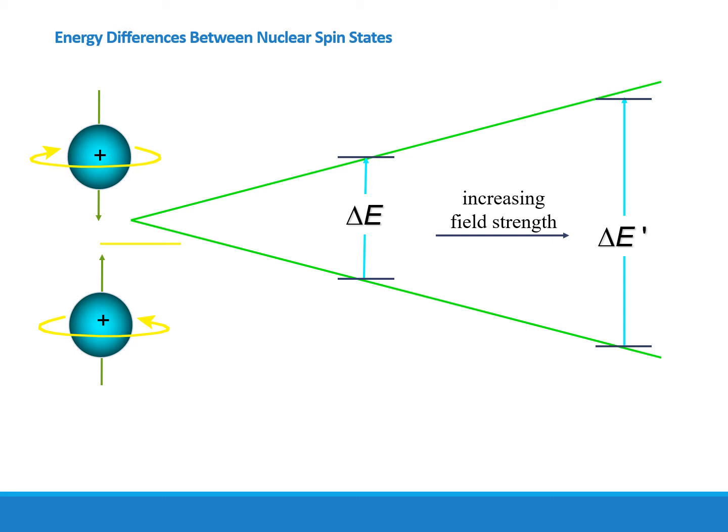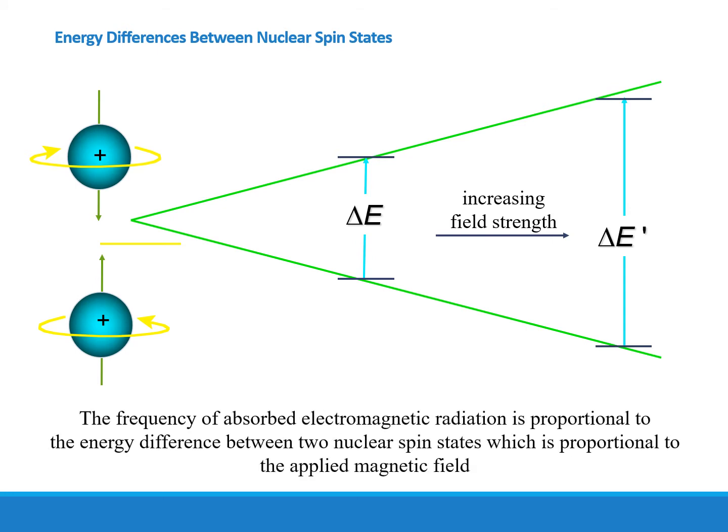So the frequency of electromagnetic radiation absorbed by these spins is proportional to the applied magnetic field as well as to the energy difference between these two spins.